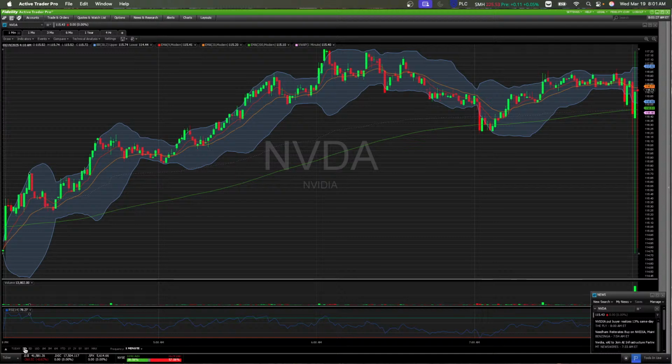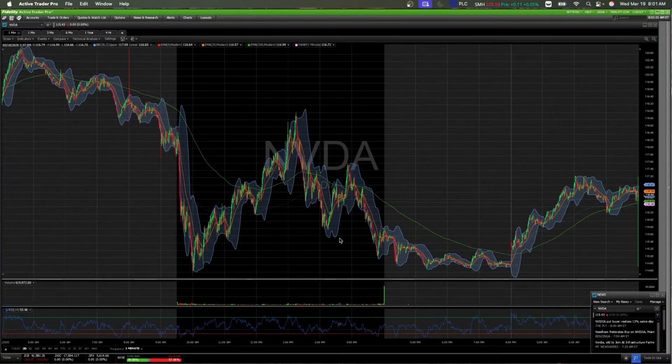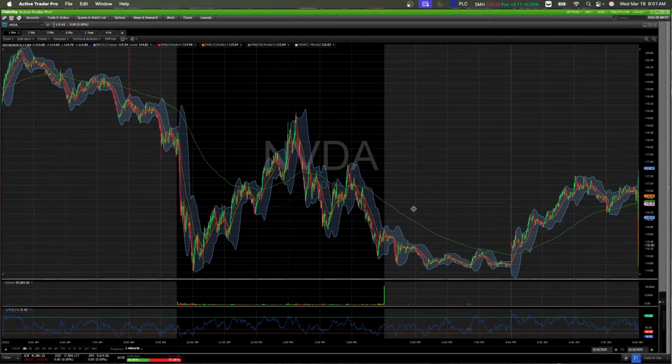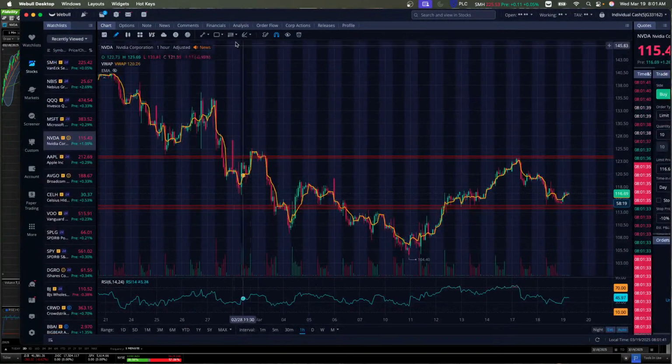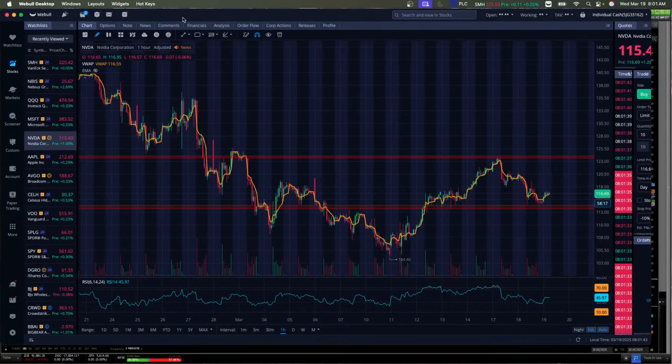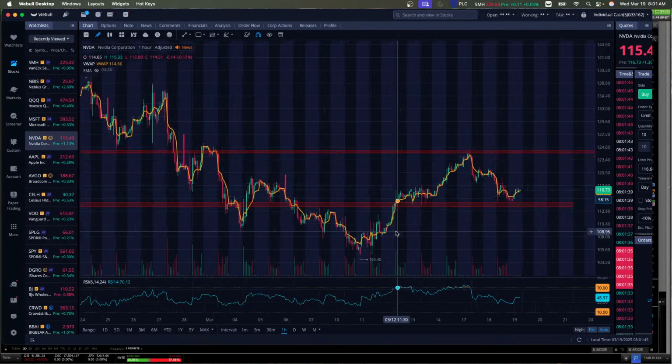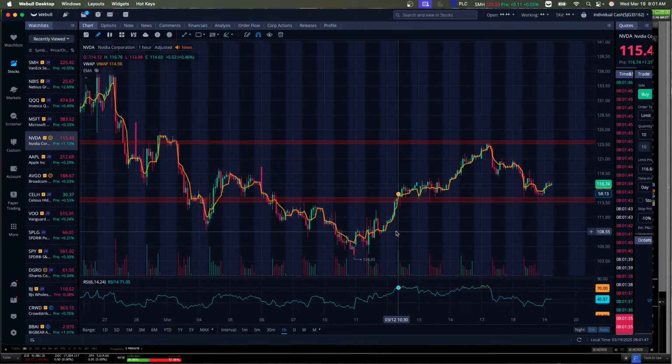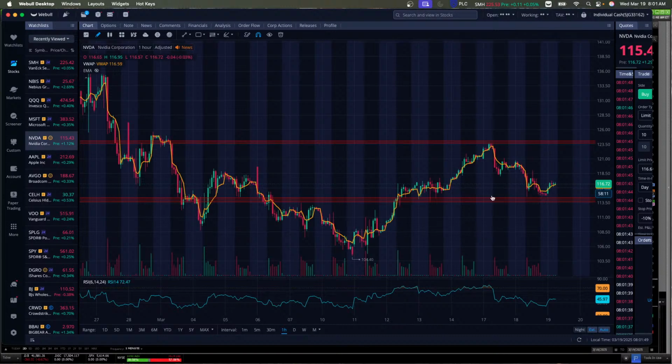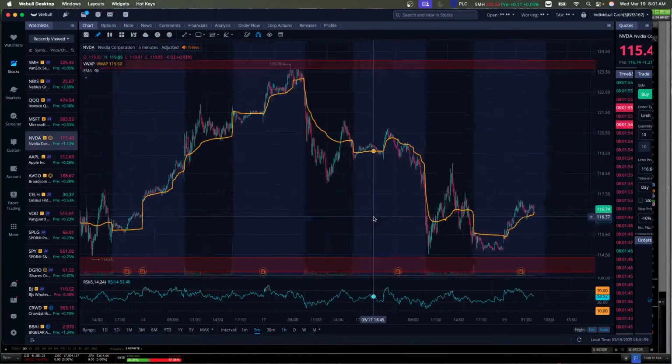There's a few things I want to break down that I think are crucial, and we're just going to start going through the stocks. Looking at the stocks here, we can see that NVIDIA has been very, very volatile. We'll use Webull for this part because it's easier to use the charting, and it's cleaner, it's crisp. But you have to look at the last day, which was the 18th. We're just going to go on the 5-day here.